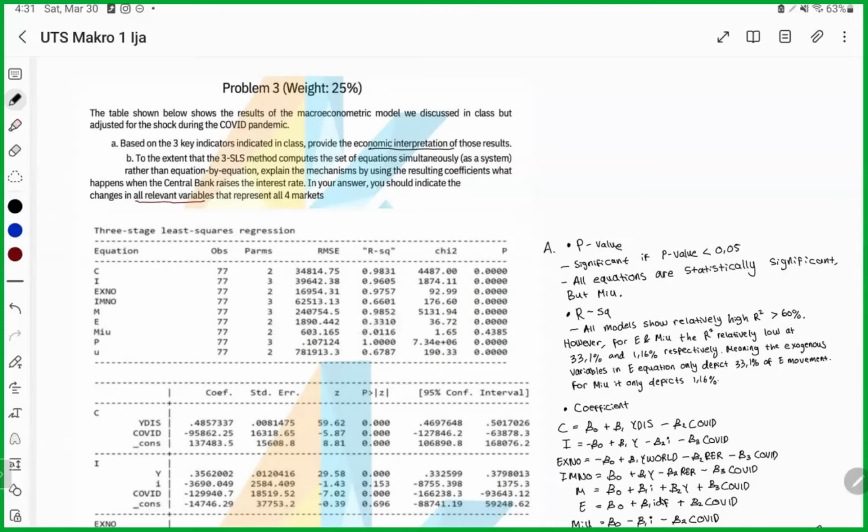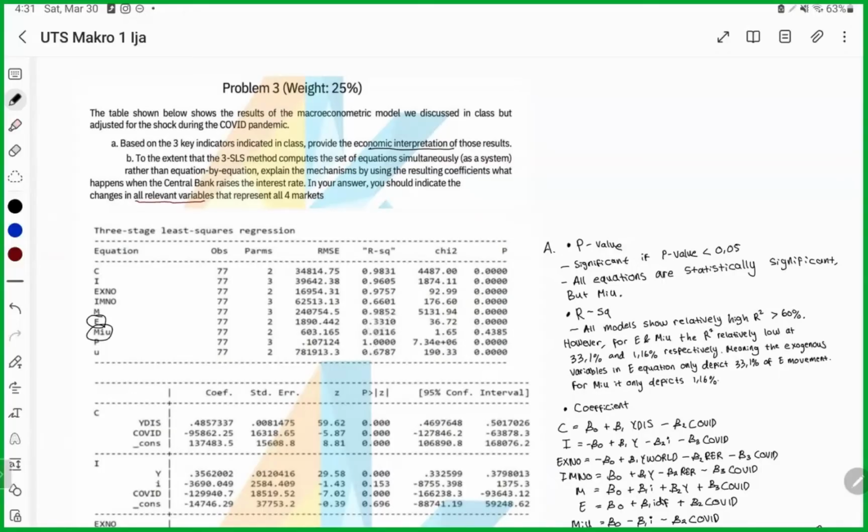Meaning the exogenous variables in equation E only reflect 32% of the model. So it's not really a good model. However, in MIU, it is even lower.